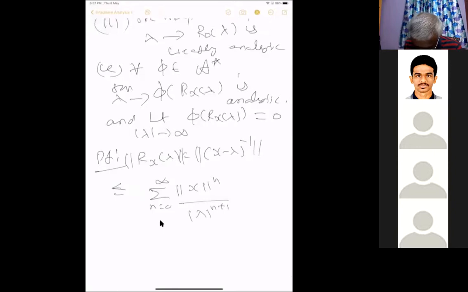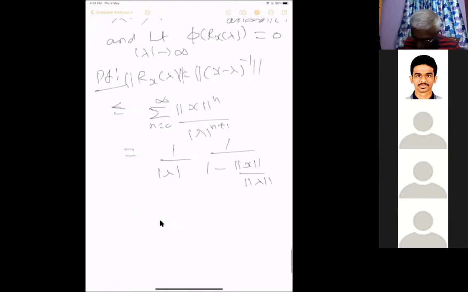Okay. And that is equal to, the first term, when n equal to 0, which is just 1 by lambda. And then 1 by 1 minus norm x by norm lambda. Okay, so which will become, this is just norm lambda, mod lambda, which is equal to 1 by mod lambda into mod lambda minus norm x.